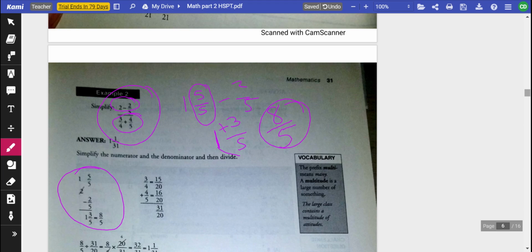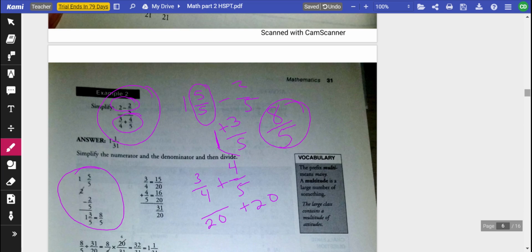Then the bottom is a little more complicated. We need to get a common denominator between 3/4 and 4/5. Yes, we can cheat and look over on the side where they did the math, but we should also know what's the common denominator between 4 and 5, or what is the common multiple between 4 and 5? It's 20. So I know my denominator is going to be 20.